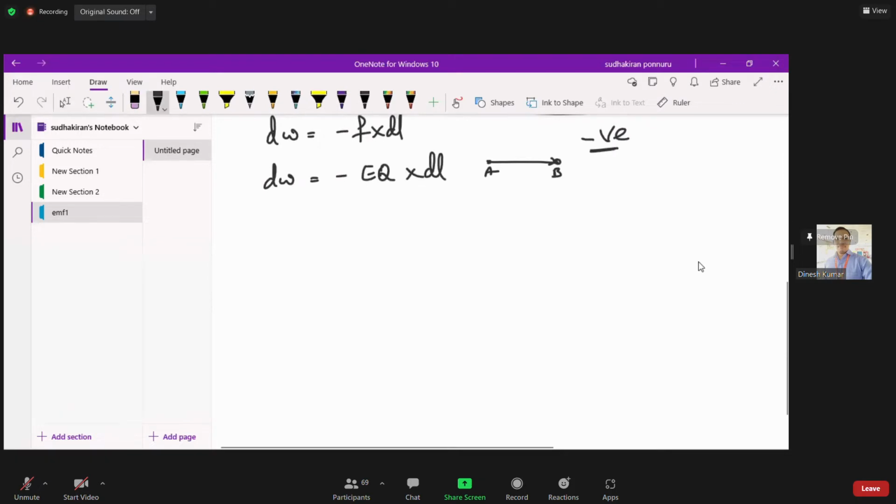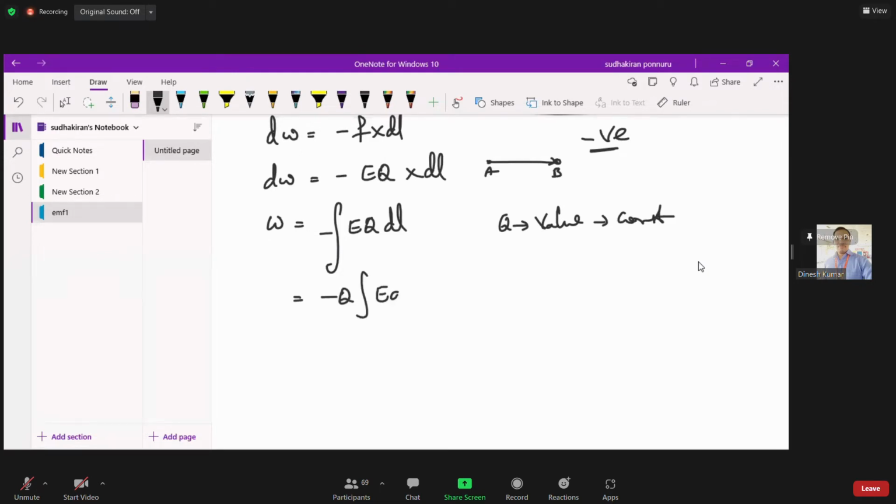So W is equal to integral of minus EQ dl. Since Q is just a value, we can treat it as a constant. Bringing that value outside, we get minus Q integral E of dl, which is the W.